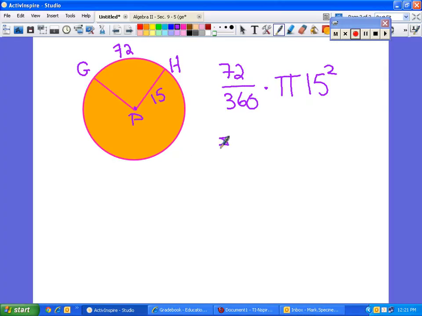Wait, so we can just take the 72 from over it and use it? Yeah, you just plug it in your calculator. But if we divide 72 by 360 and then multiply by 15 squared, we're going to do the same thing? My only concern with that is if this gives you a long decimal.